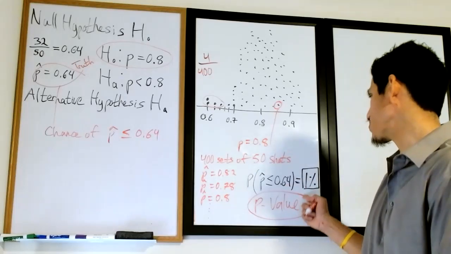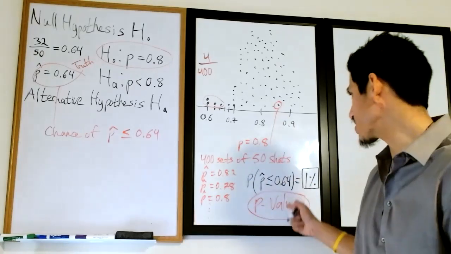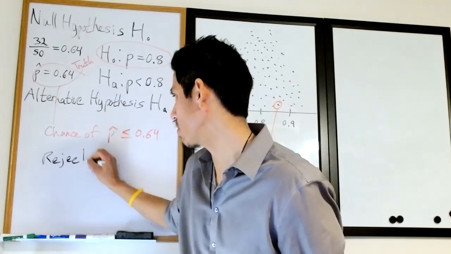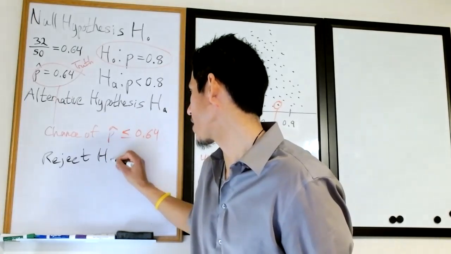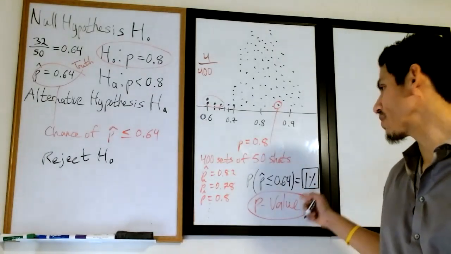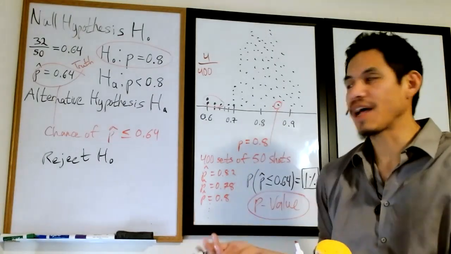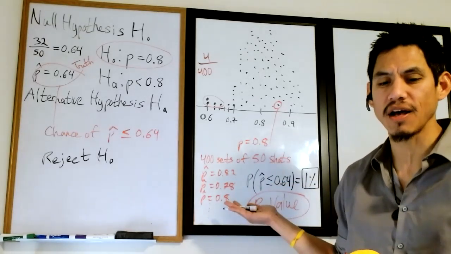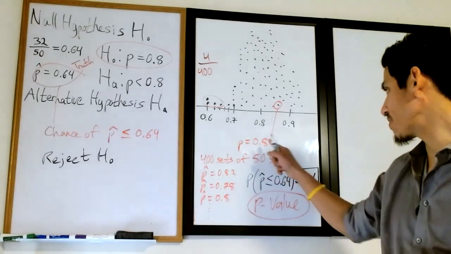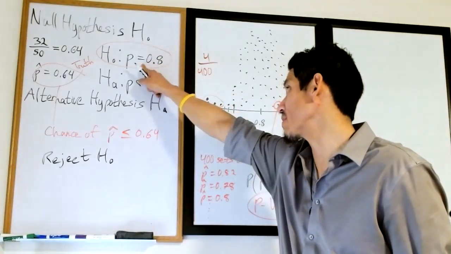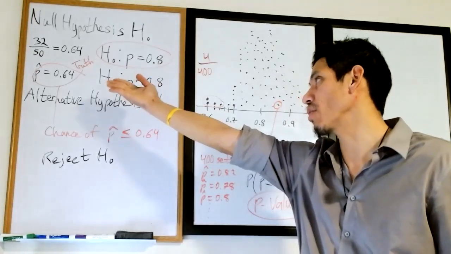So then what we say is we're going to reject H0. We reject H0 because we got a p-value so low that we say, yeah, this is not going to happen by chance. This is not going to happen by luck. It happened because this ain't true. It's not true that the true proportion is 80%. That's why you got a value that low.